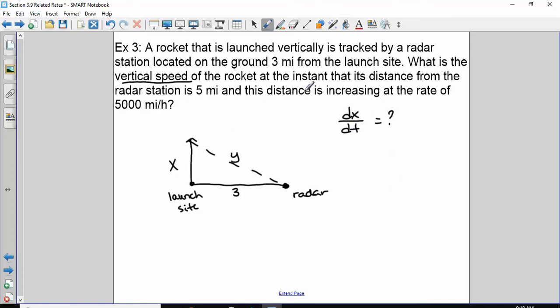At the instant that its distance from the radar station is 5. What variable represents the distance from the radar station? Y. So at the instant when my y is 5. And this distance is increasing. So what variable would I use for that? dy/dt. How the y is changing at a rate of 5,000 miles per hour. So dy/dt is 5,000.